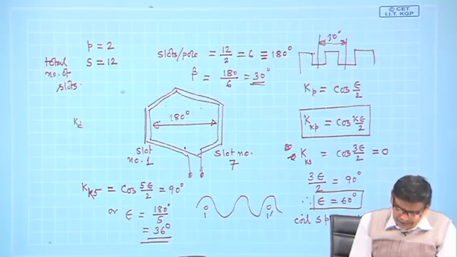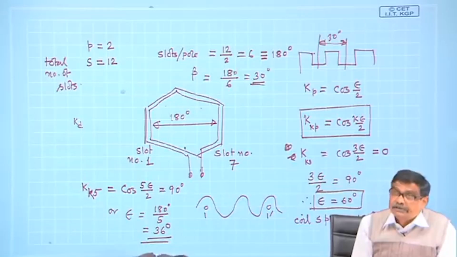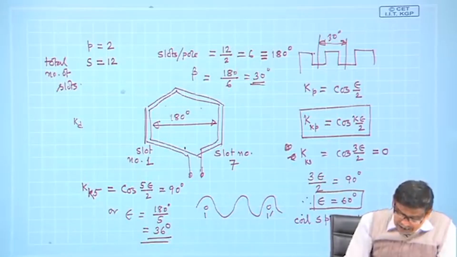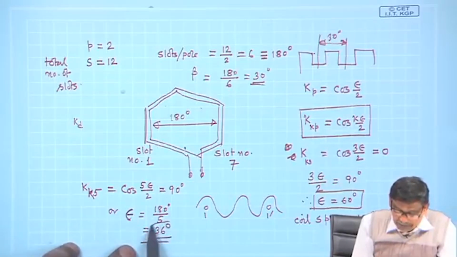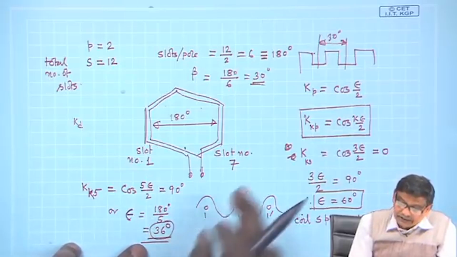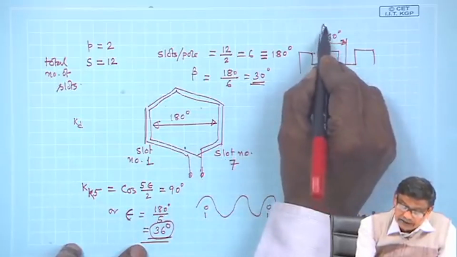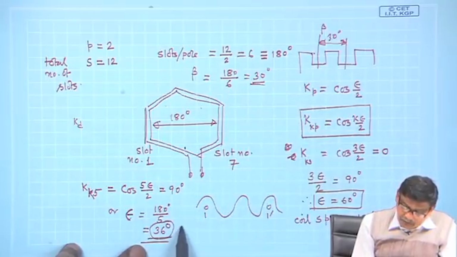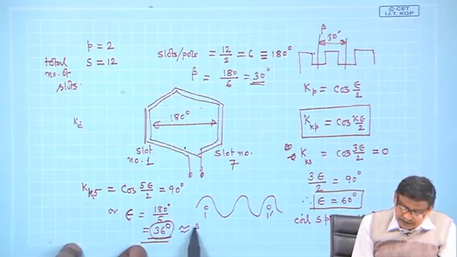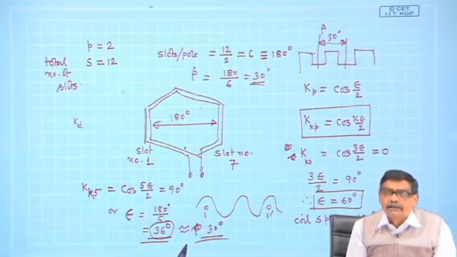Anyway, this will not deter me from short cutting the coil. Then what I will do is, whatever epsilon I have got, I will try to see by what short slot angle beta, this is beta, how close it is to an integral multiple of beta. In this case, the nearest value is 30 degree. So, I will shortcut it by 30 degree.